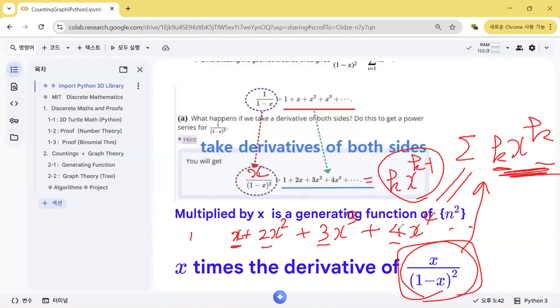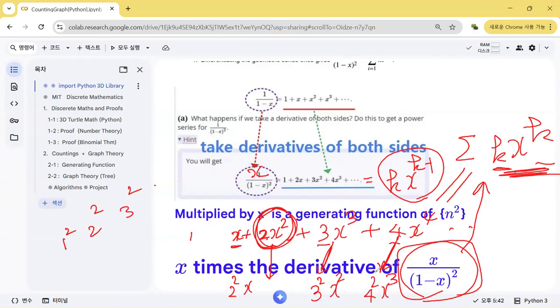But we need to find the generating function for 1 squared, 2 squared, and 3 squared. Then how to find this? What's the derivative of this one? The derivative is 2 squared x, the derivative of this one is 3 squared x squared, the derivative of this one is 4 squared x cubed.